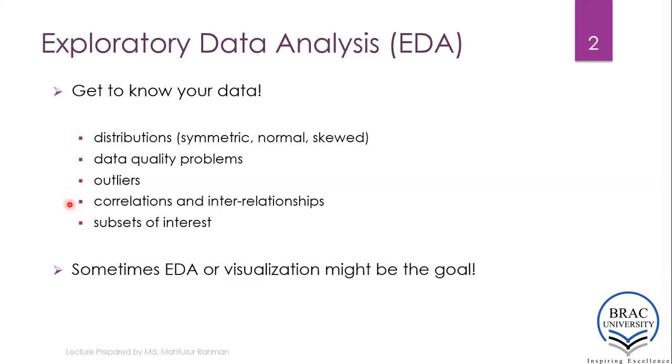The next one is the correlations and interrelationships. For correlation between variables in a data set, you can find the linear relationships. For that, you can also use EDA. The next one is subsets of interest.